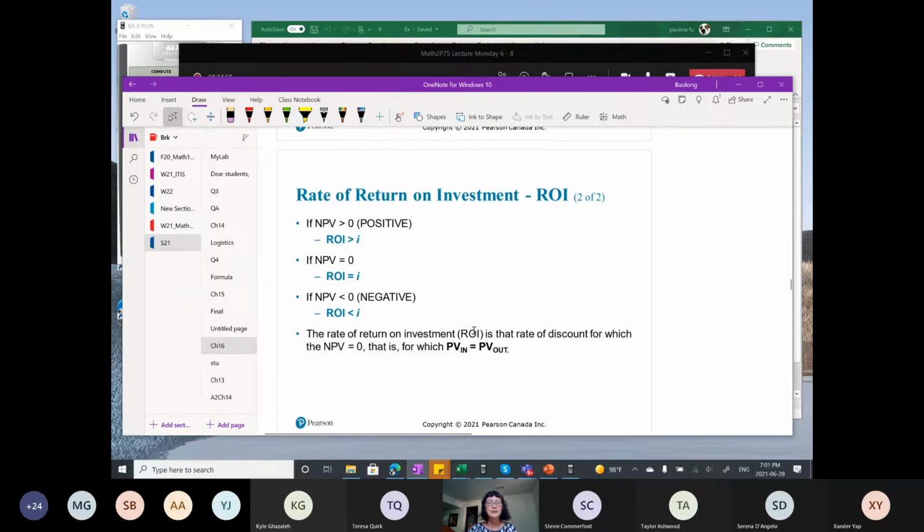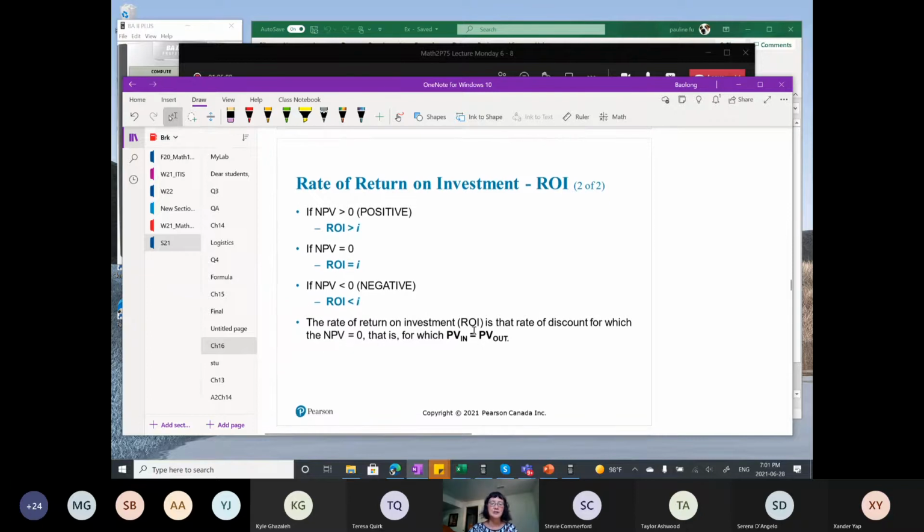And there's a relationship between rate of return and NPV. If NPV is positive, under what condition do you have positive NPV? When you have present value of money inflow greater than present value of money outlay, you have NPV greater than 0.